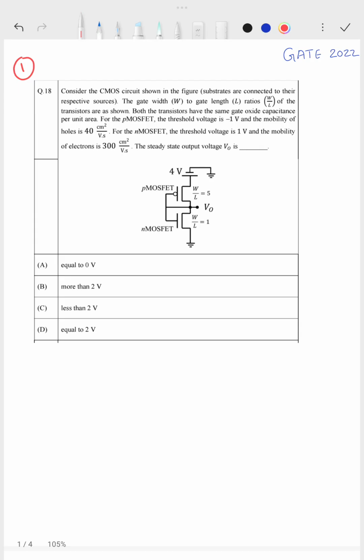For the PMOSFET, the threshold voltage is -1 volt and the mobility of the holes is 40 centimeter square per volt second. For the NMOSFET, the threshold voltage is 1 volt and the mobility of electrons is 300 centimeter square per volt second. The steady state output voltage V0 is. So the question is to find the voltage V0 of this circuit.